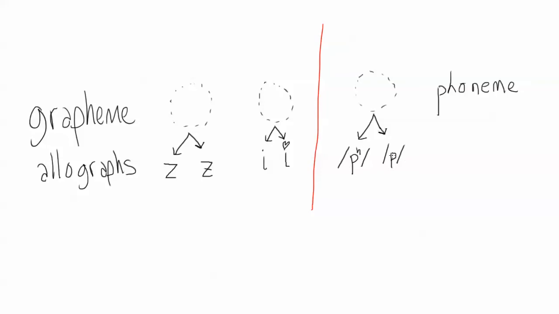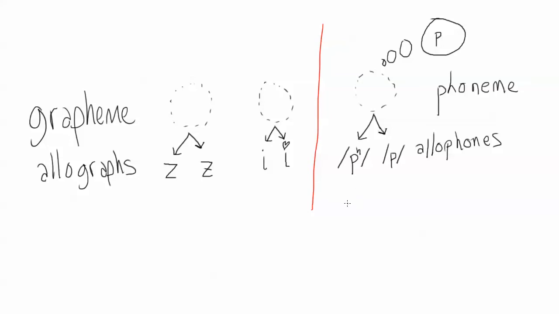So at this level, these are both variations of sort of the deep structure for P. I don't want to write anything in there, but if you want to think about it, the phoneme is dreaming of something, it's dreaming of P. It's not actually realizable in any one particular way, because in English there are different ways to produce the perception of the phoneme P. So same thing, let's call these, instead of allographs, since we're talking about sounds, allophones. So I'll give you a quick example, and then we'll move on to a more in-depth example.